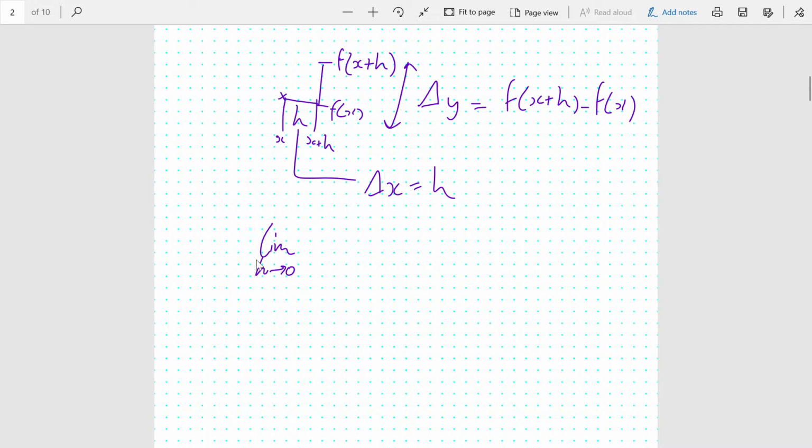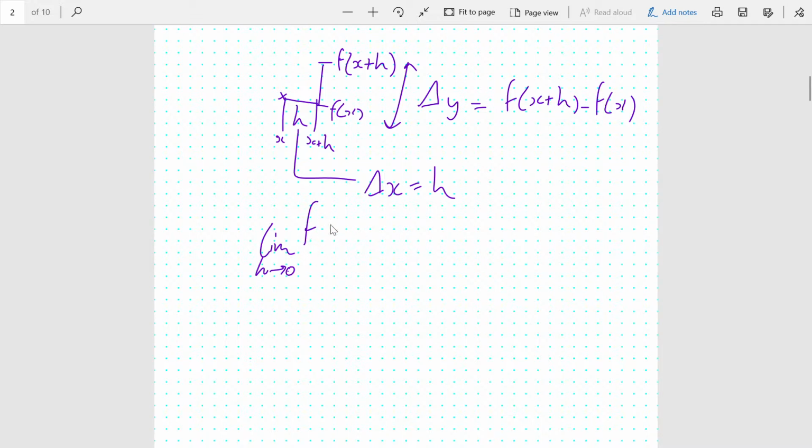What this basically means is that pretend h is almost 0, but not really 0, so we can still do things like divide by h until we get rid of all the denominators of h, and then we make it 0.